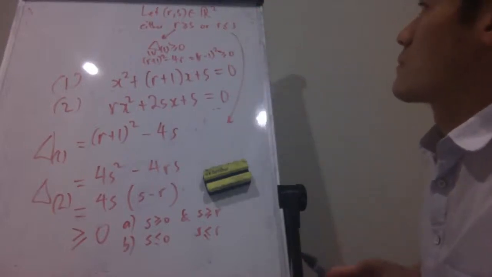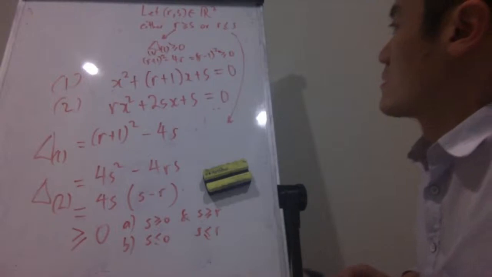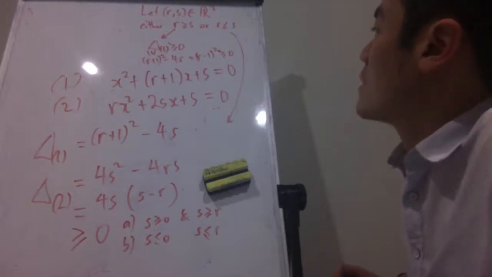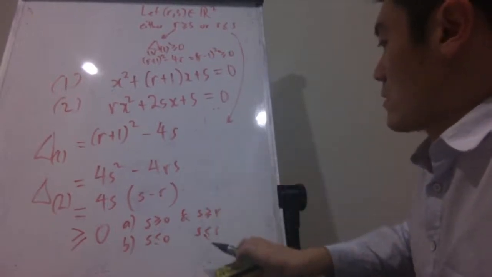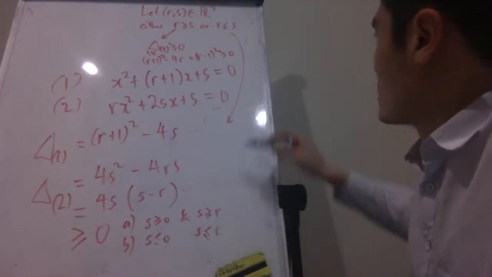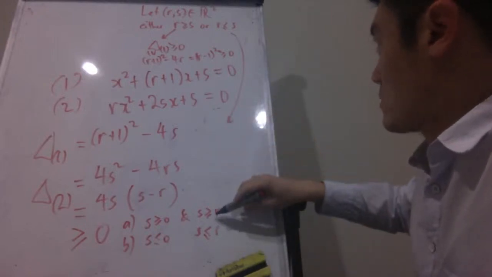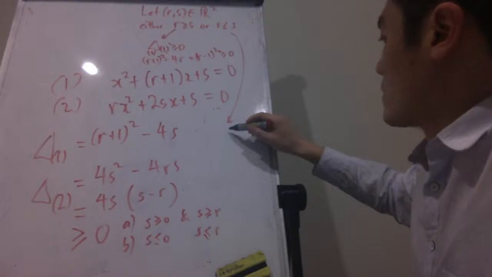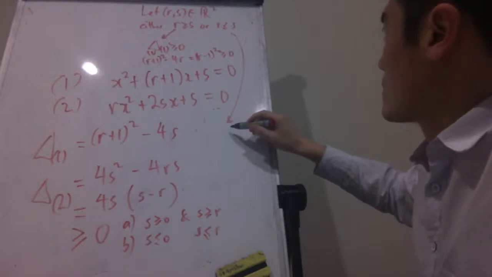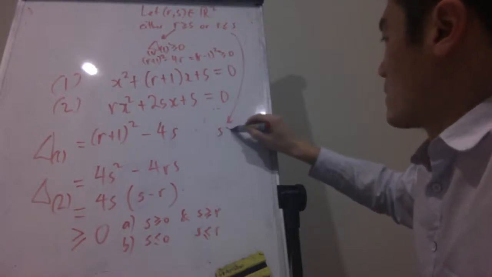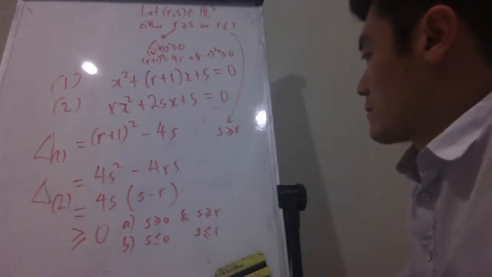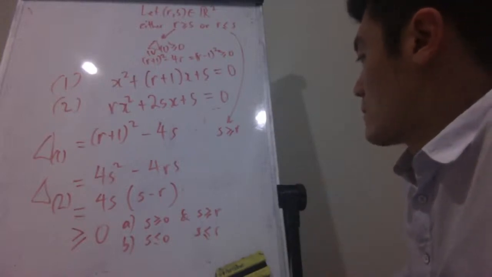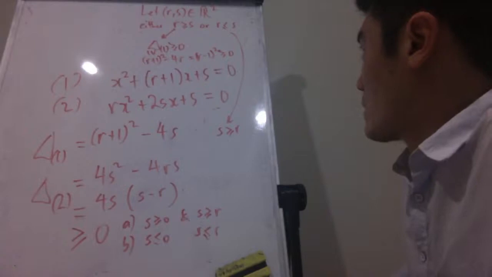And then what if R is less than S? You can use the second equation. Okay, so R is less than or equal to S. I did S is greater or equal to R, so that way. Alright, S is greater than or equal to R. And then you can solve it for S. It doesn't really matter.